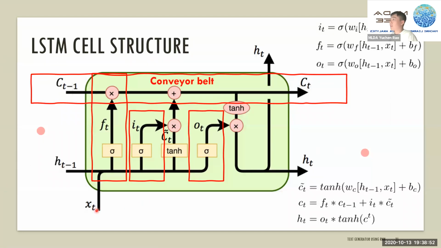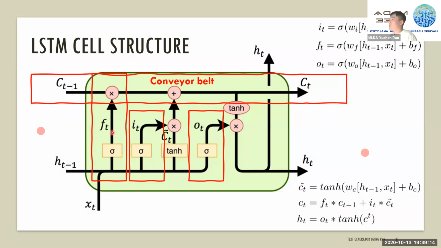Here we get X as our input, and also H, the previous hidden unit. Then we apply a sigmoid function, which takes them together.